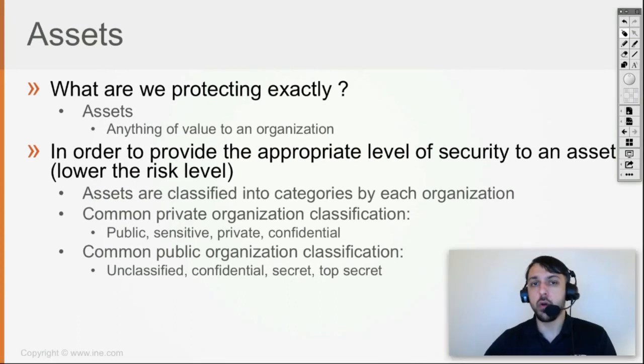So for example, in public organizations like governments, what is called top secret, a lot of times is not even available in electronic format. Either it's information which is only spoken but never written, or it's information which is written but on a physical piece of paper.